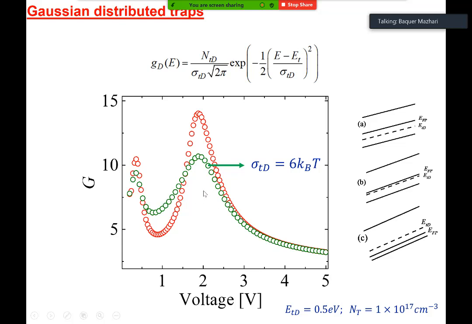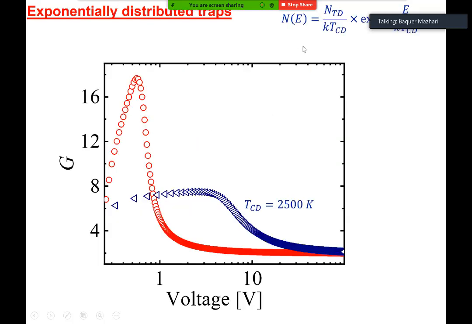That is expected because the trap filling occurs over a larger range, since there are multiple traps located at different depths that have to be filled up. The stretching is even more visible with an exponential distribution of traps. In that case, you are never completely filling all the traps, and so you don't see a peak at all.